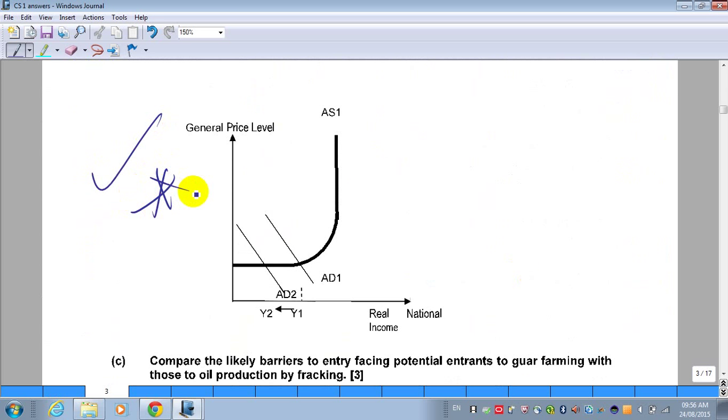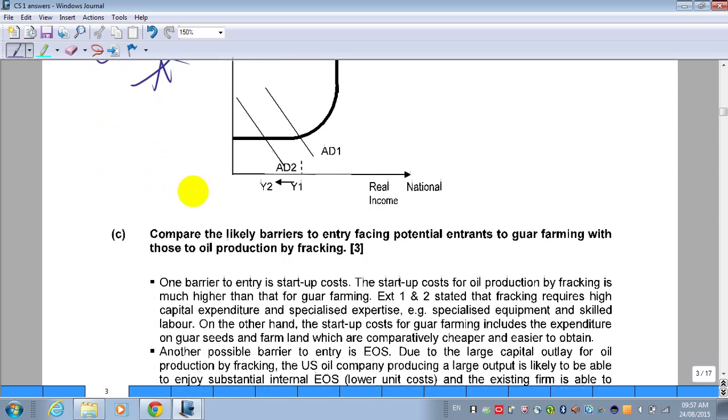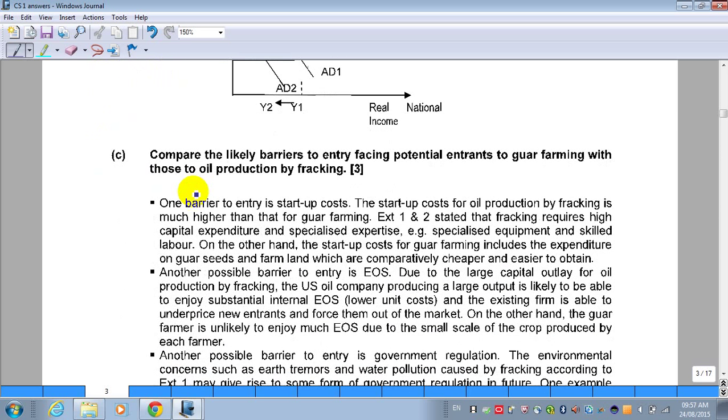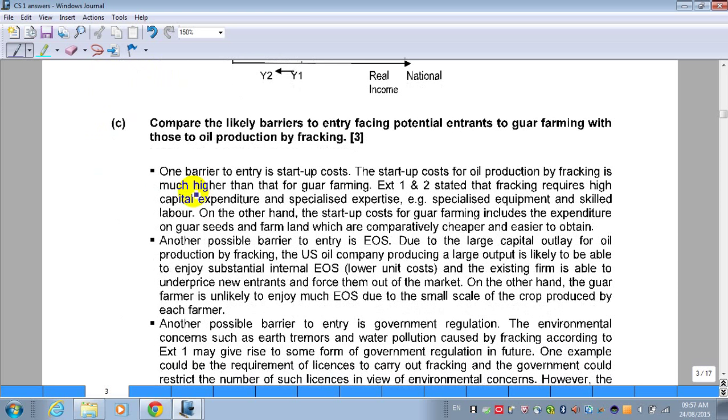Okay, this is important. Now next, let's move on to the next question on C. Compare the likely barriers to entry facing potential entrants to guar farming with those to oil production by fracking. Actually, for this compare question, you can give me similarities, but it is not the important thing. The key thing is actually the difference. You need to give me the difference between the kind of barriers to entry faced by the guar farmers as opposed to fracking.